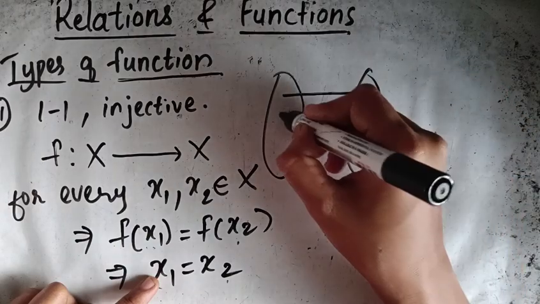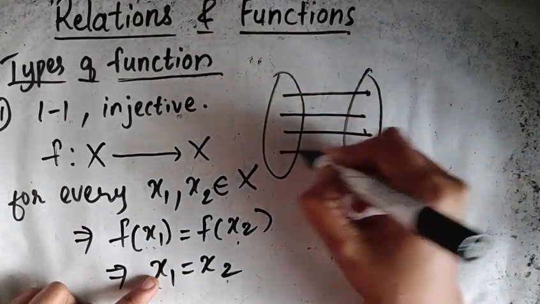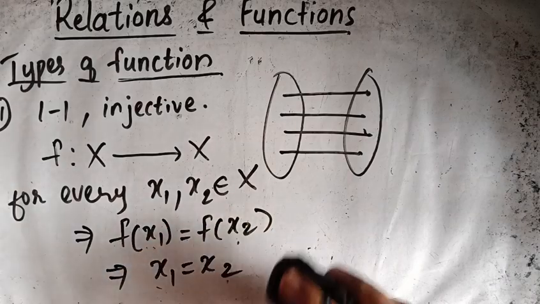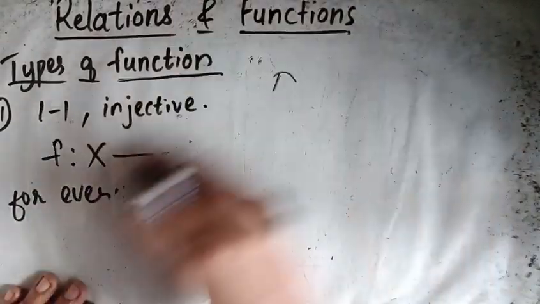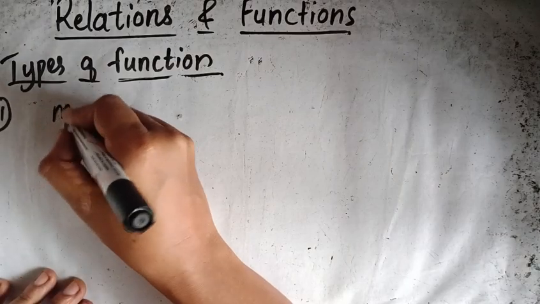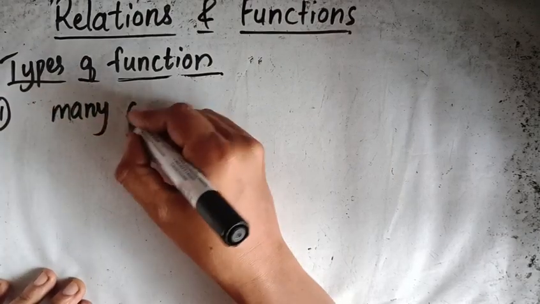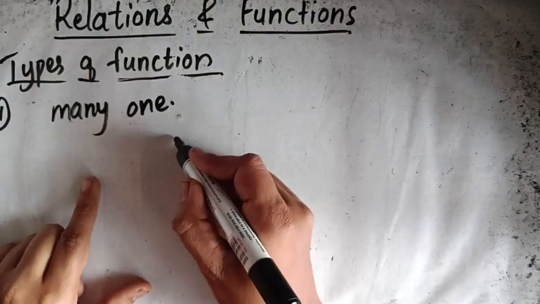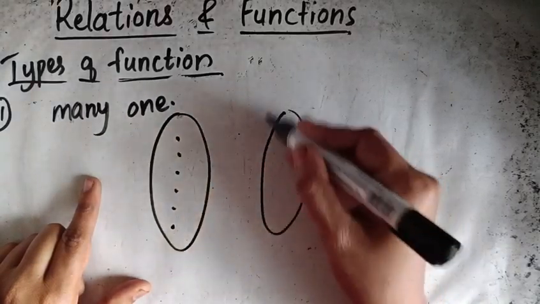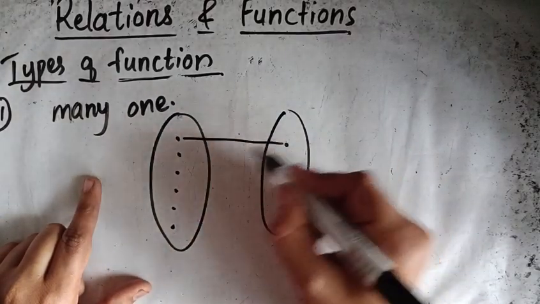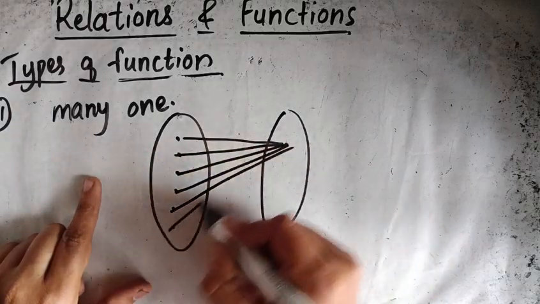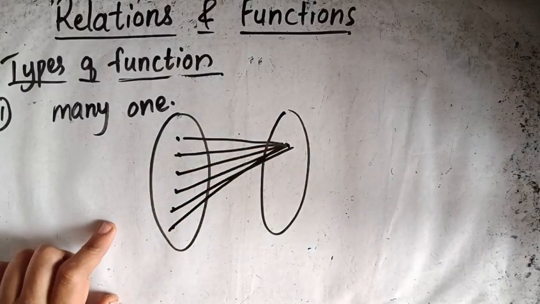This element is going to this. Okay. Then if it is not 1-1, then we write it as many 1. Many 1. That is, many are going to the single element like this. Okay, this is many 1.